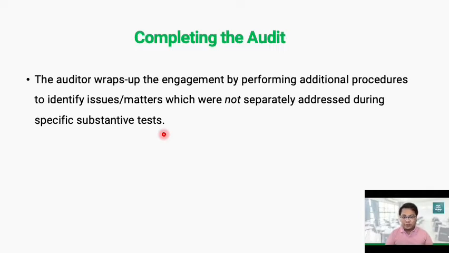Because if they are not recognized in the financial statements, like for example, commitments and contingencies, most likely we were not able to address them separately when we performed our substantive tests, because during the substantive test procedures, we focus on items that are recognized or presented in the financial statements.